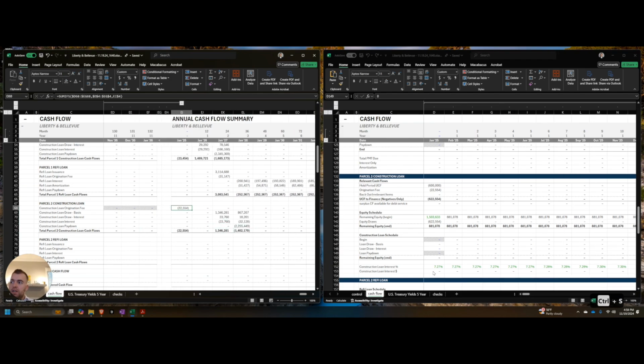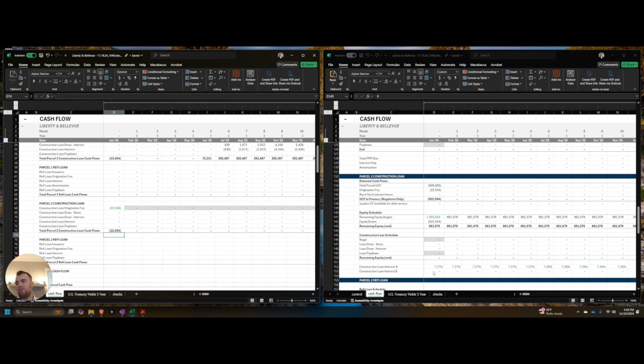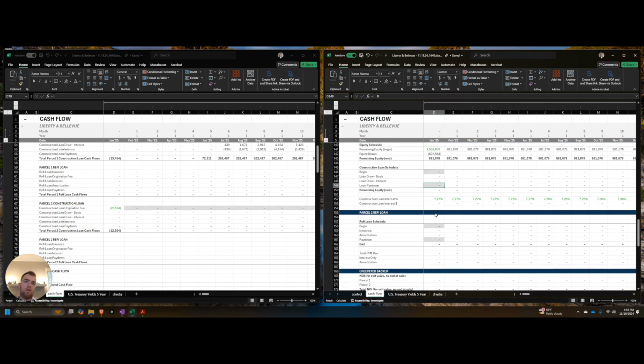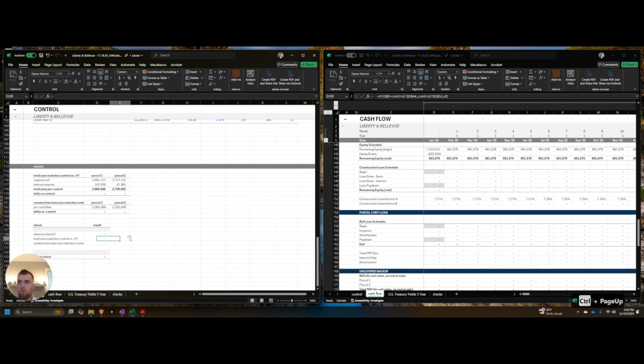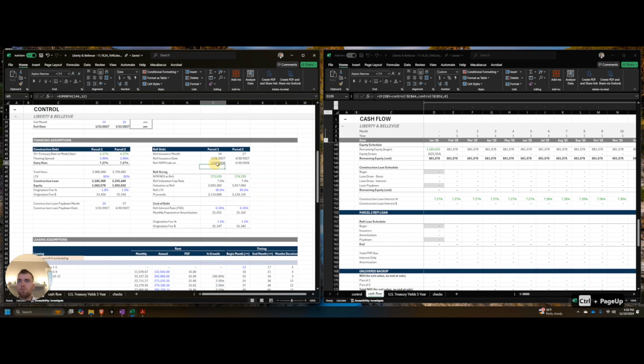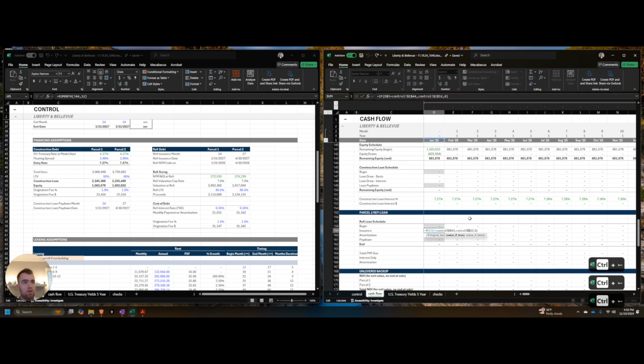You could argue that the origination fee might get paid closer to when you actually start drawing on the construction loan, but I'm just going to do it up front. Whatever. Refi loan issuance. So then the refi loan. So let's go back. Anything that says I should say J. So that's that.